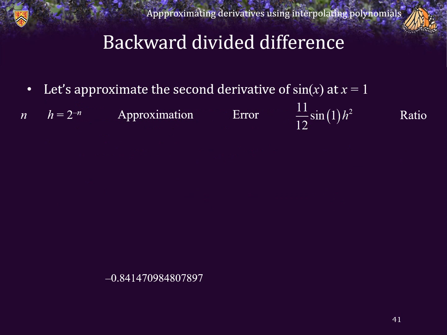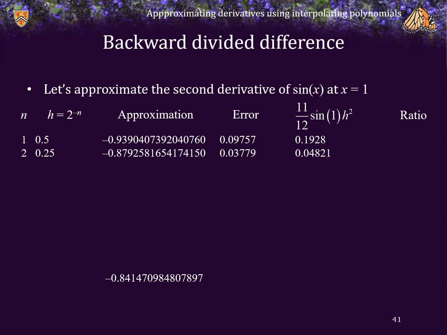All right, so let's try it again. Approximating the second derivative of sine of x at x equals 1. There's our approximation of the error term, and down there we see the correct answer to the given number of digits. So with h equal to 0.5, well, not very good, but better than the previous version. And once again, notice that the error is dropping not by a factor of 4, but by a factor of 3.